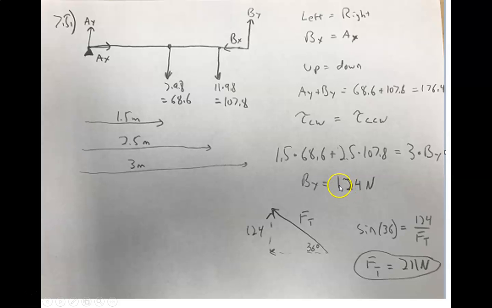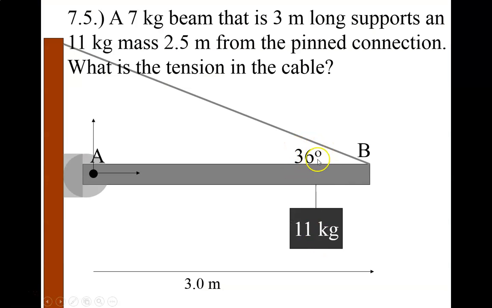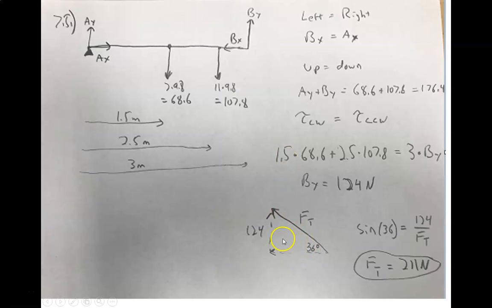The last step, once you know the vertical component, is to just figure out what the actual tension is. So you've got an angle of 36 degrees from before, and I've got the vertical component. It says what's the actual F sub t. So that's your hypotenuse in this equation.